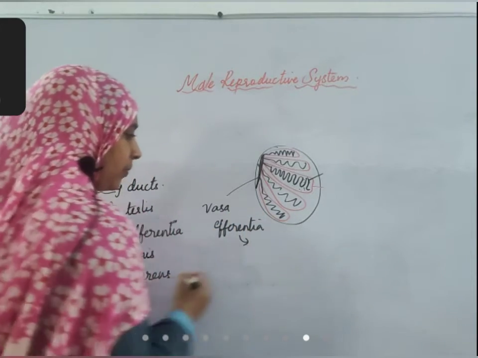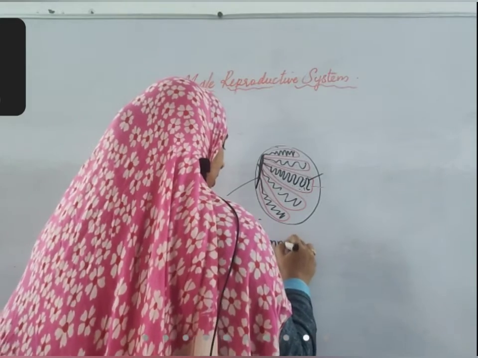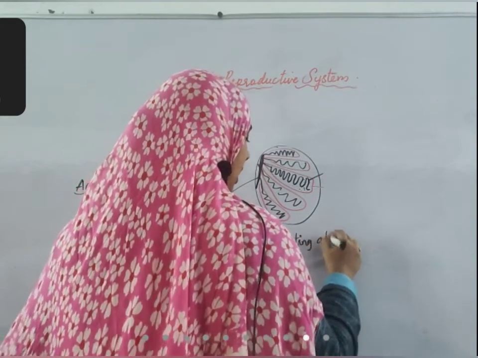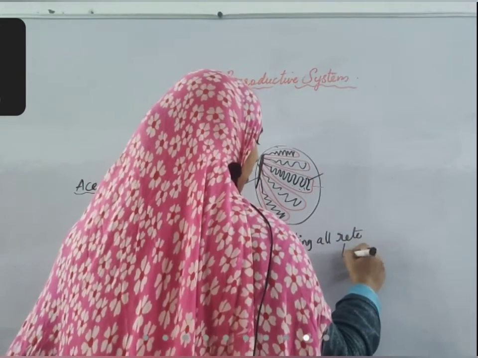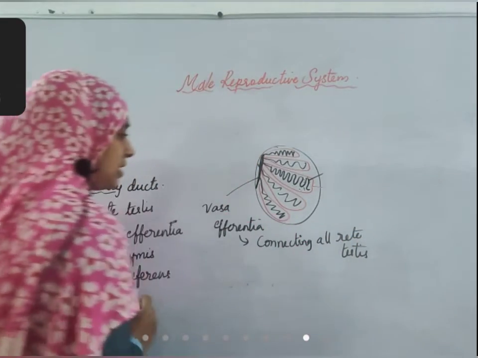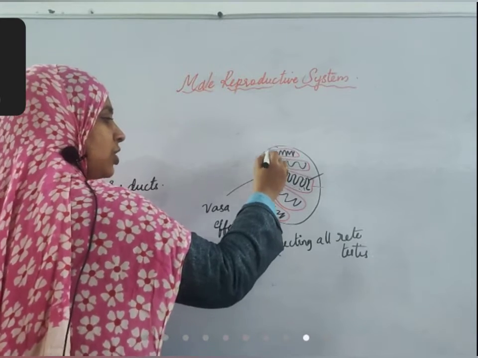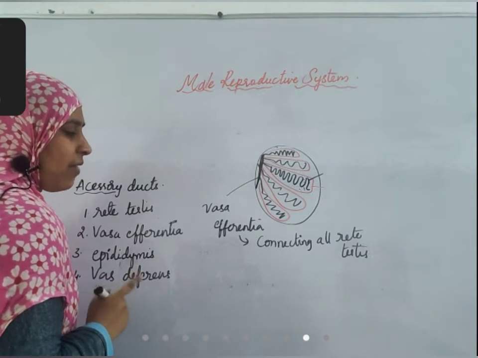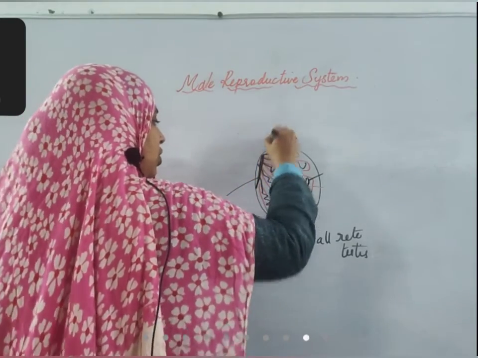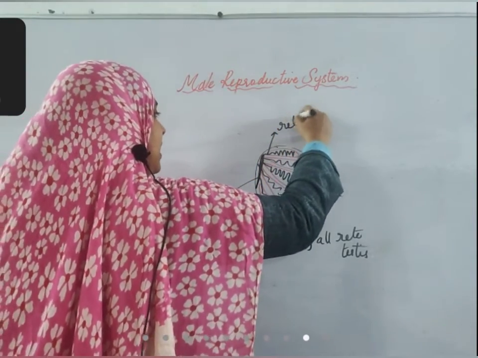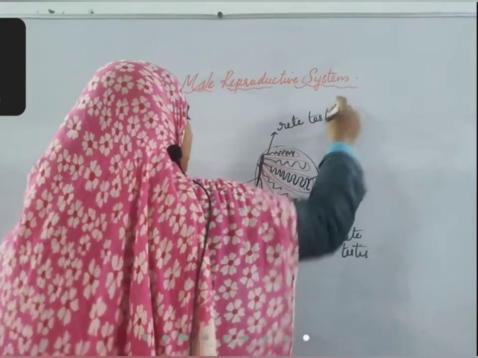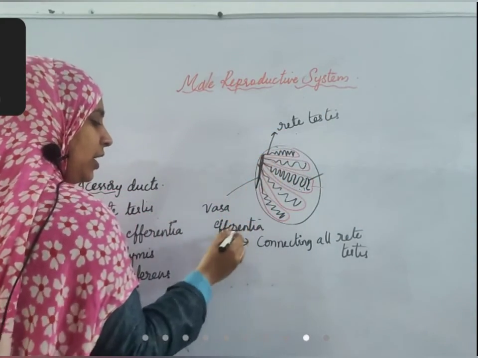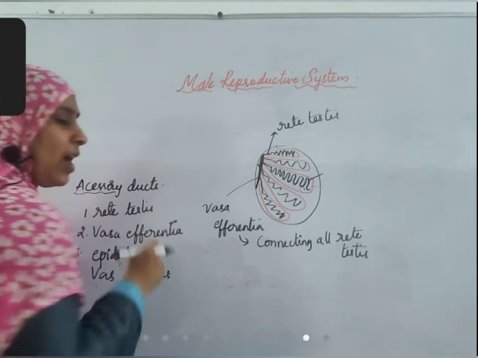What is it connecting? The rete testis. Where is the rete testis? This small tubular structure between the seminiferous tubules and vasa efferentia is called the rete testis. That means seminiferous tubules end in the rete testis. All rete testis connect to form the vasa efferentia.